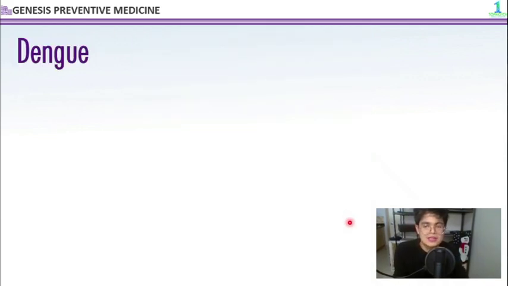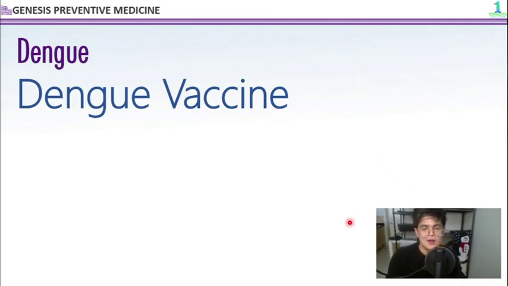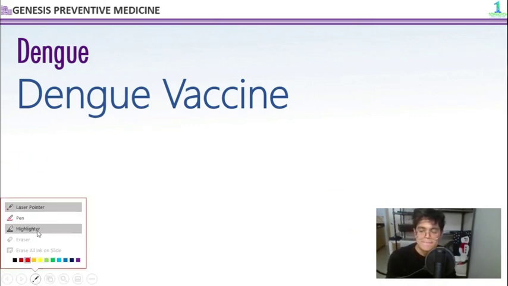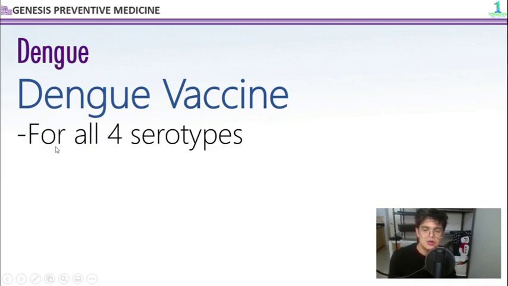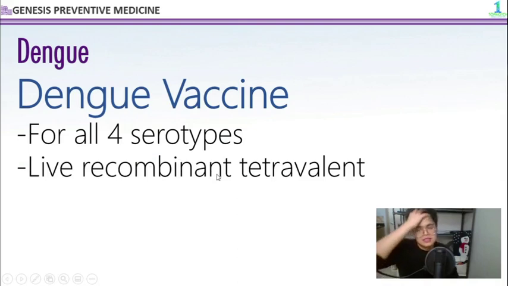So, next, for dengue, we also discuss the dengue vaccine, the very controversial dengue vaccine. Dengue vaccine covers all 4 serotypes of dengue. It is a live recombinant tetravalent vaccine.